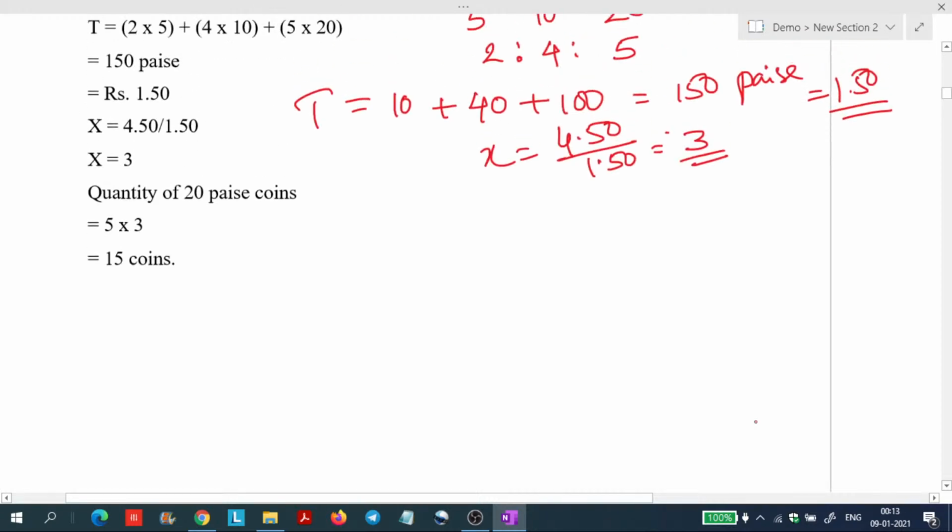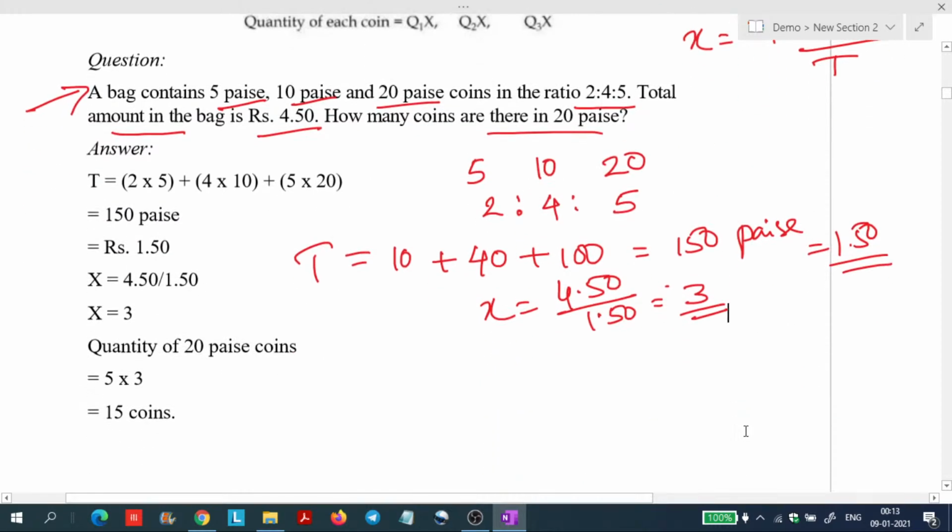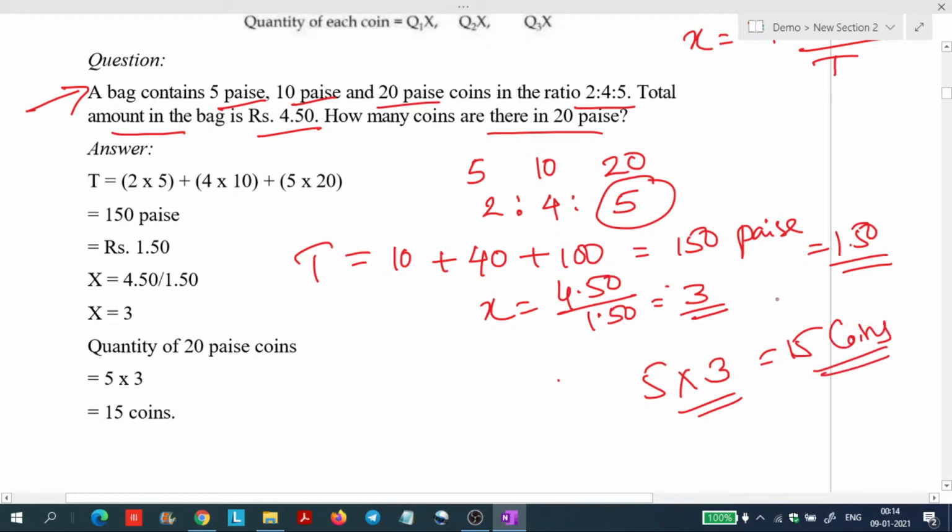So how many coins are there in the 20 paise? 20 paise is ratio 5, 5 into 3, so that is 15 coins.